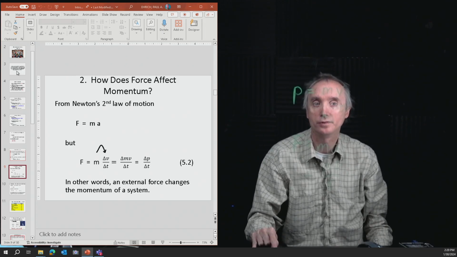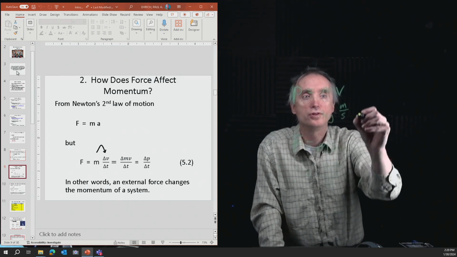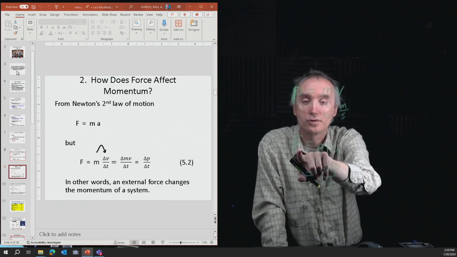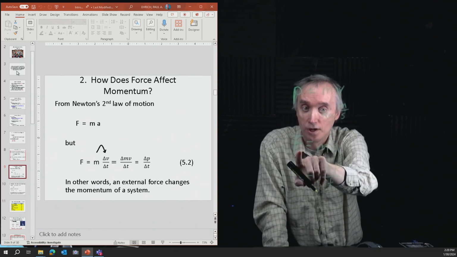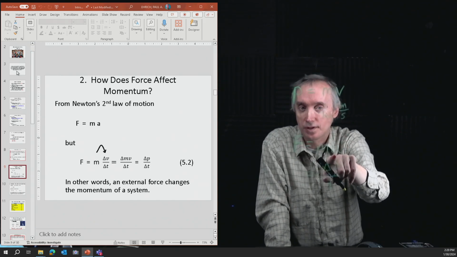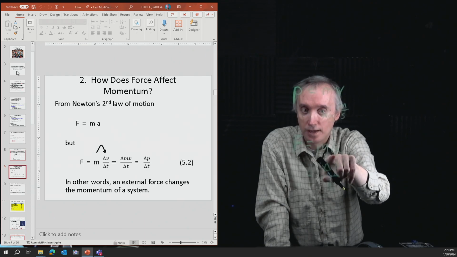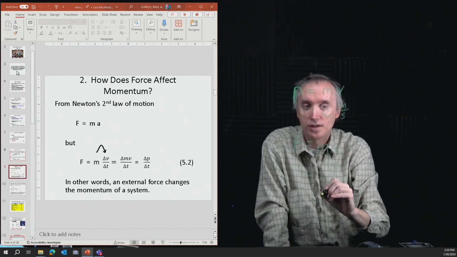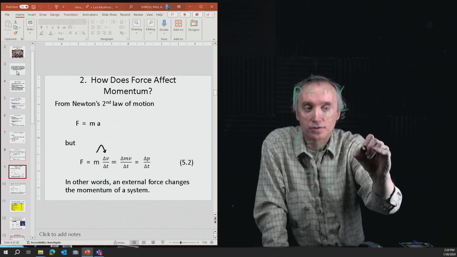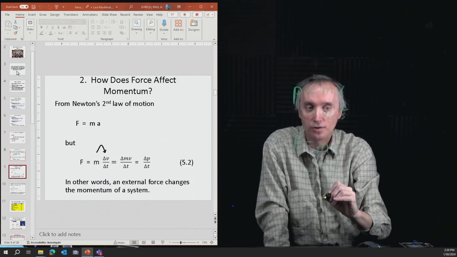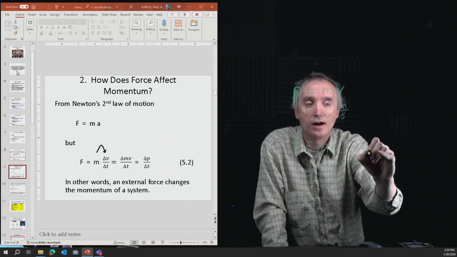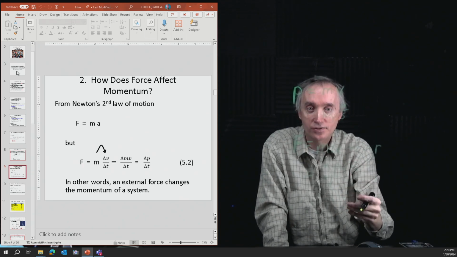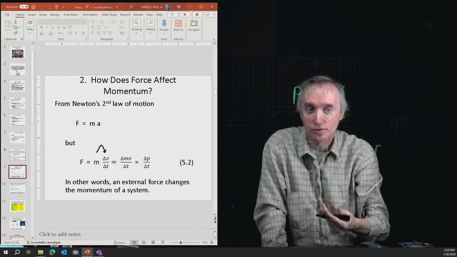So what's the point here? You should now know that if you know what the force is acting on a system, you could calculate its acceleration a. If you knew its acceleration a, you could use that to figure out its speed, and you could also use that to figure out how far it's going to go by using the how fast and the how far equations.